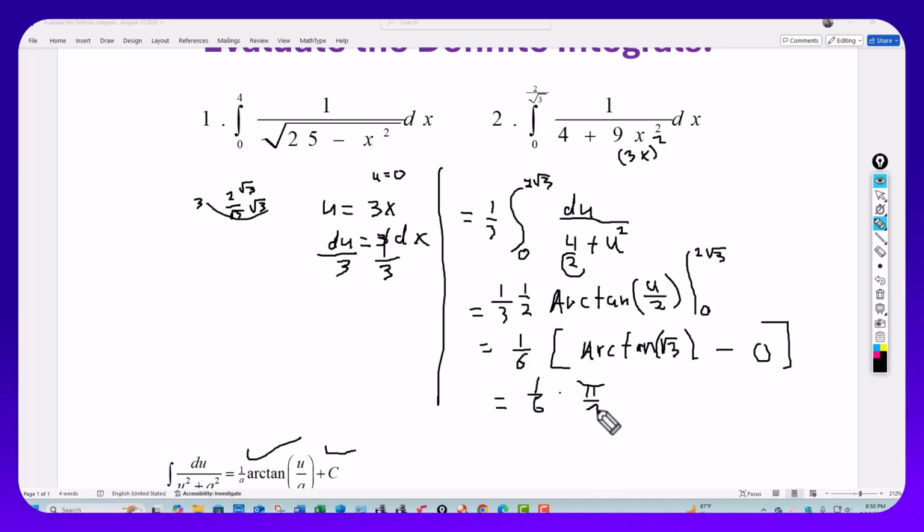If you're looking at this in degrees, but usually we go with radians here. So the exact answer to this one is pi over 18. You can approximate it if they ask you to, using your calculator, and this should be the decimal 0.1745. So the exact answer is pi over 18, or decimal 0.1745.